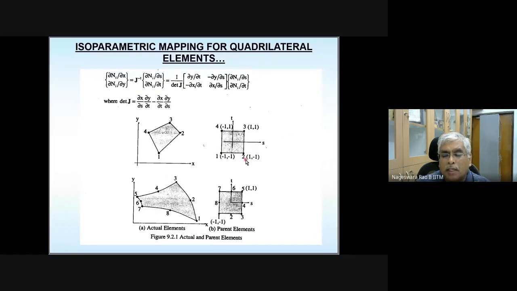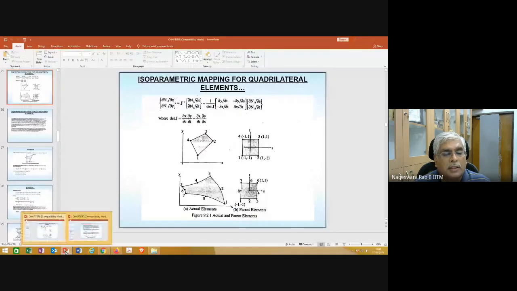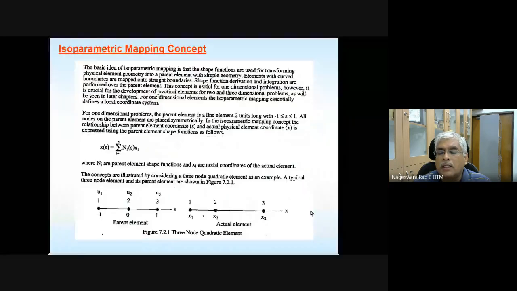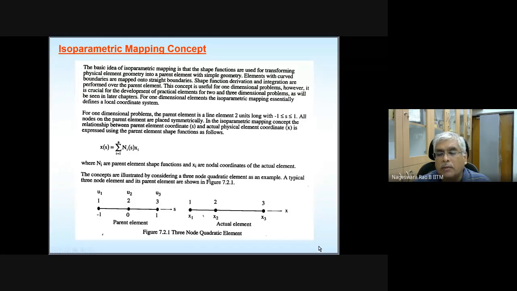When I say proper mapping, let me go back to the one-dimensional case, then it will be clear to you. You see, this is a 3-node line element, a 3-node quadratic one-dimensional element, having 3 nodes at x1, x2, x3.